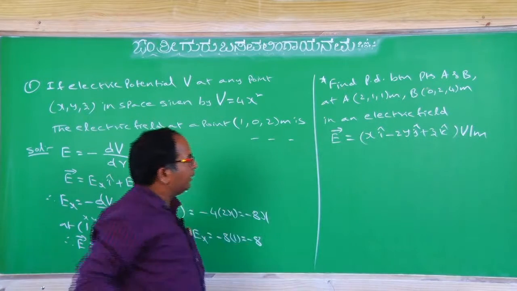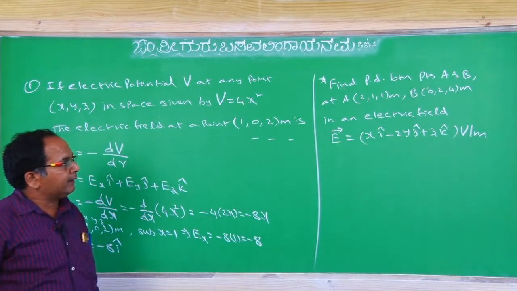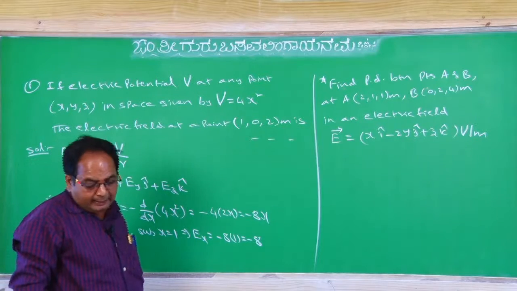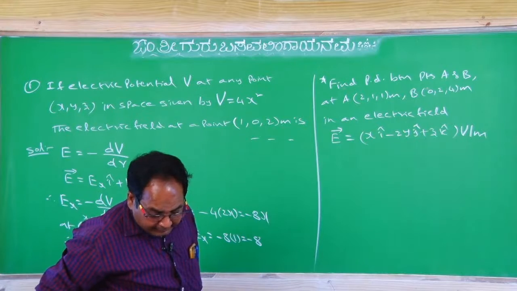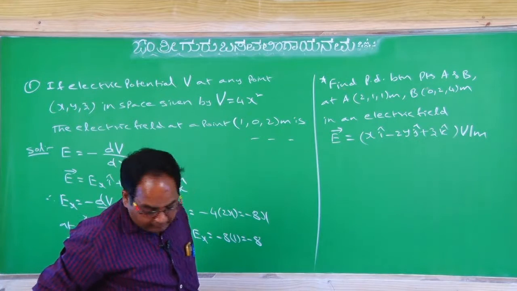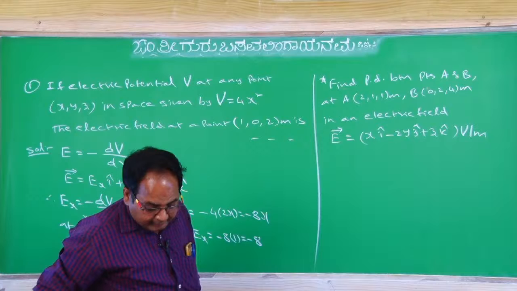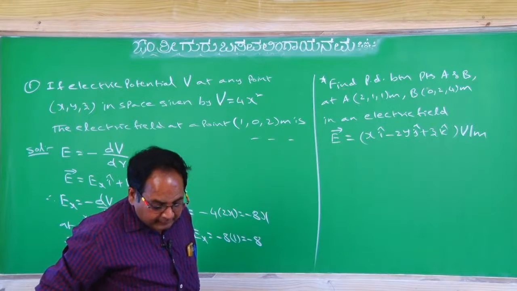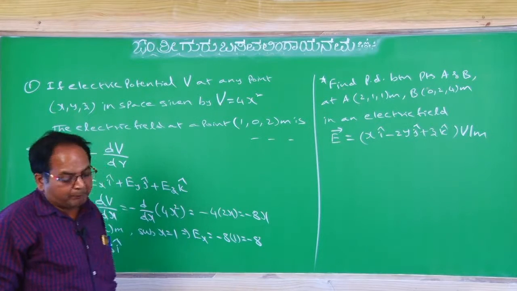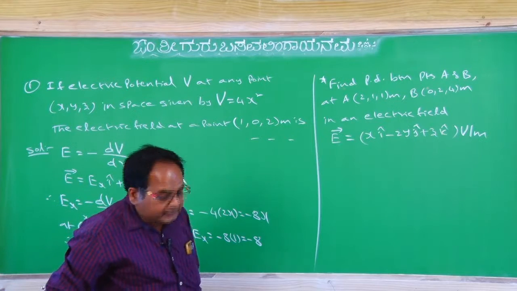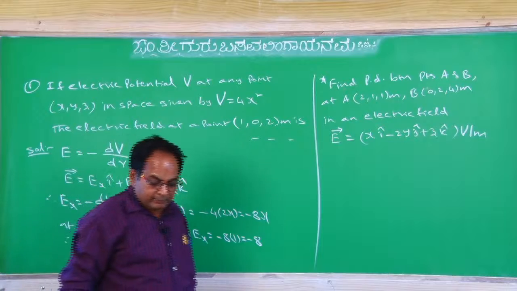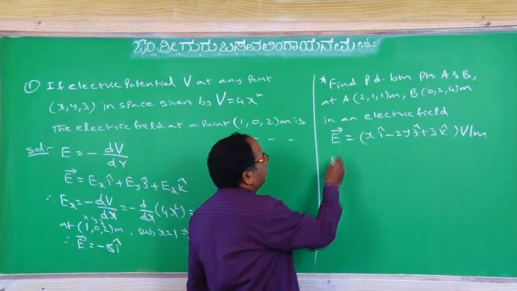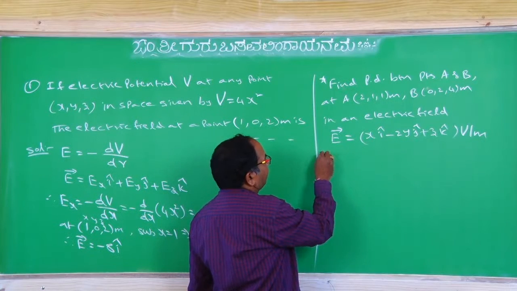Here we want to find out the potential difference between points A and B, at 2 comma 1 comma 1 meter and 0 comma 2 comma 4 meter, in an electric field E bar is equal to x i cap minus 2y j cap plus z k cap. See, here the electric field is given.